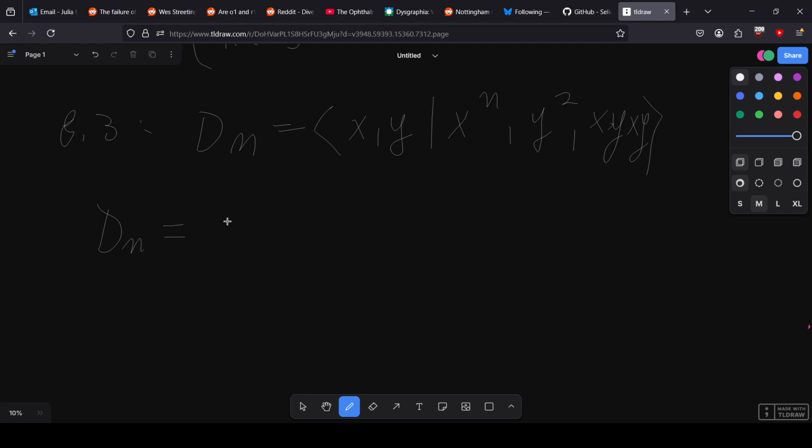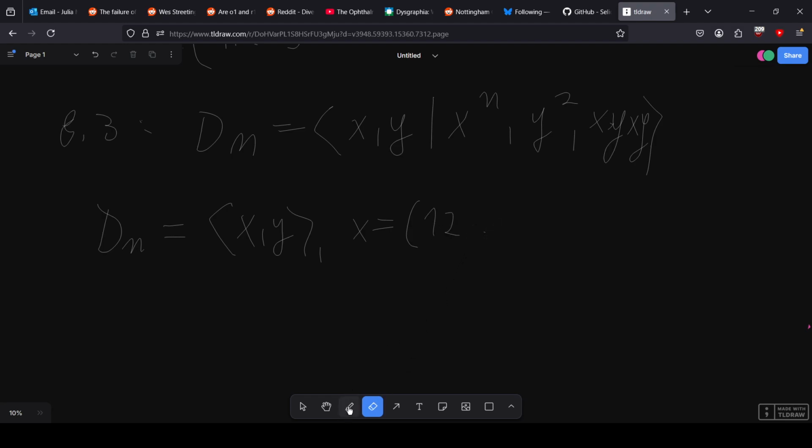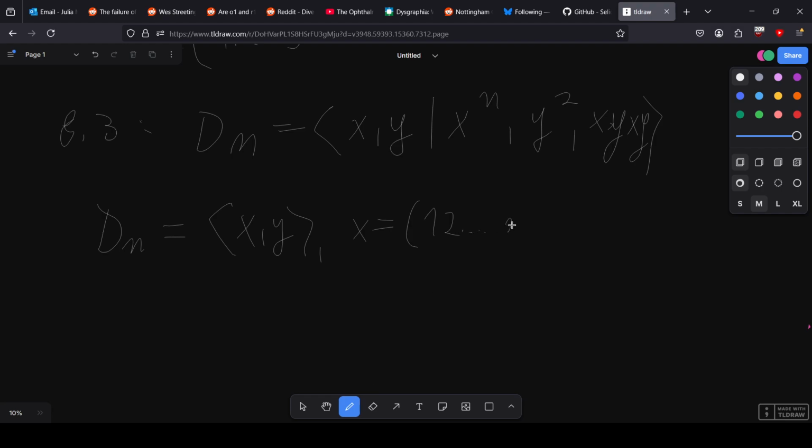So where we would have x being equal to the cycle 1, 2 up to n, and y, if I remember correctly, I need to check this because I actually don't remember this. So bear with me for a little bit.